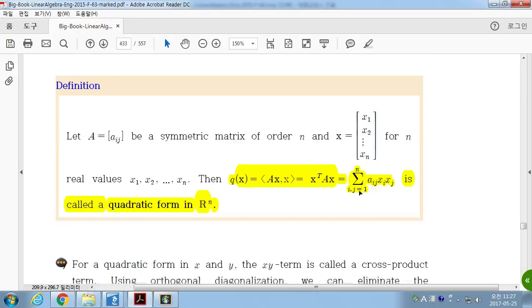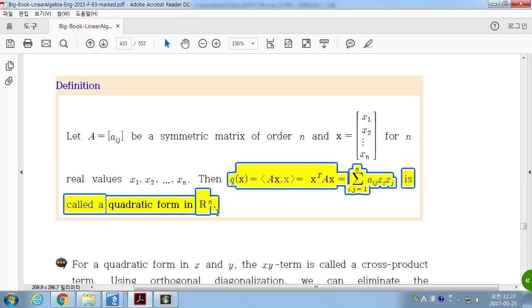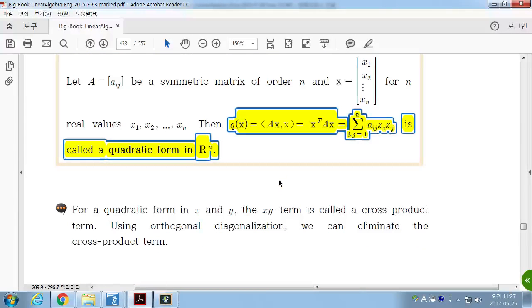And this is called a quadratic form in Rn. This form, and this form, and this form are called quadratic forms in Rn. Okay. This should be new to you, and this is very interesting.